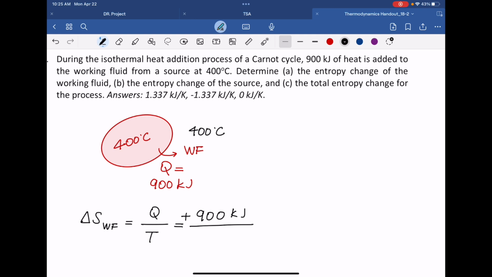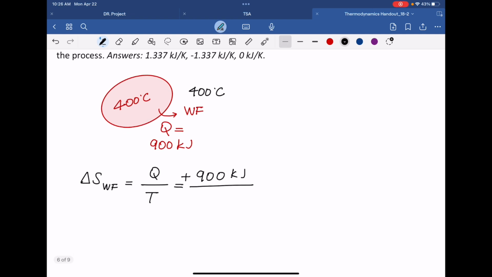That is what makes it reversible, because it's a Carnot cycle, and this has to happen, the theoretical assumption, at the same temperature for it to be a reversible process. Take a look at your notes for each stage of a Carnot cycle, which makes it reversible in theory. So here we have the same temperature.